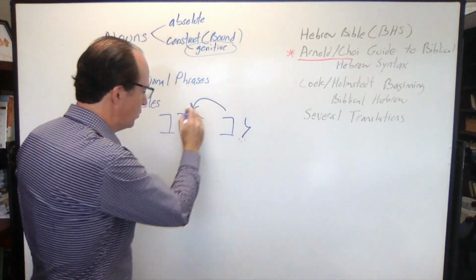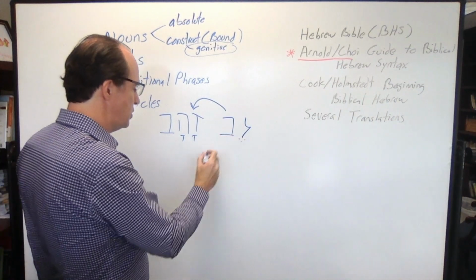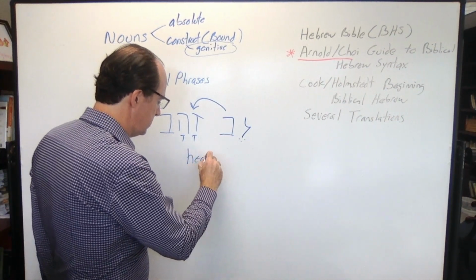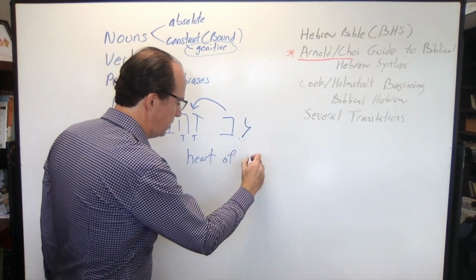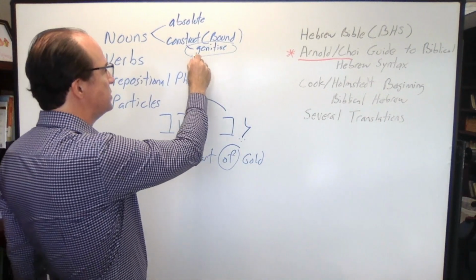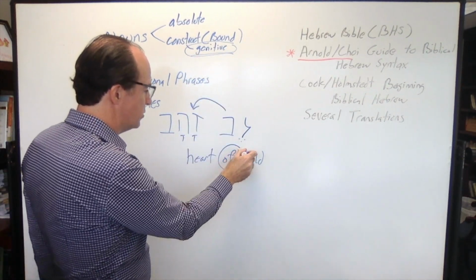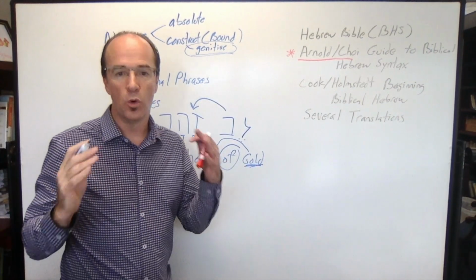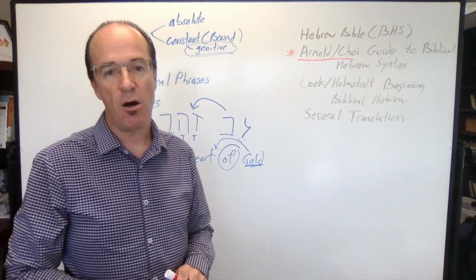And this is bound with this one, so we have a relationship. This would literally be heart of gold. We would look through the categories in the genitive to try to describe what's the relationship between the word gold with the word heart. That's the kind of analysis that we're going to do.